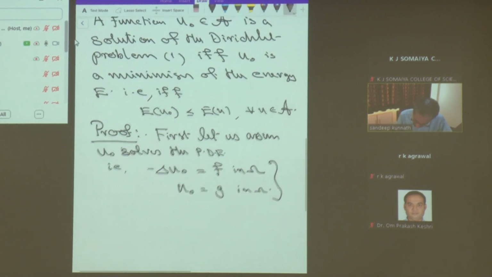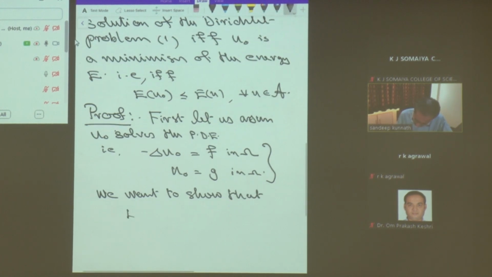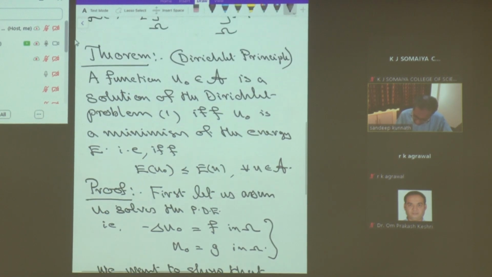Now what I wanted to show is that u naught is a minimizer, so that E of u naught is less than or equal to E of u for all u element of script A. Now recall the script A.